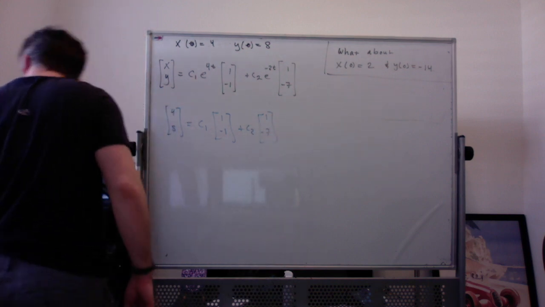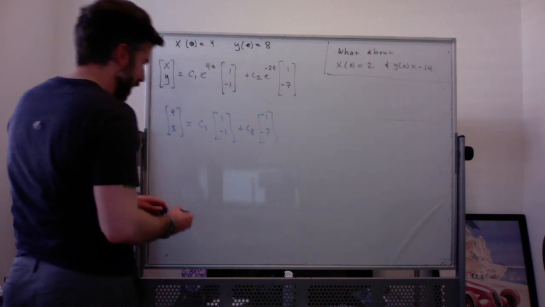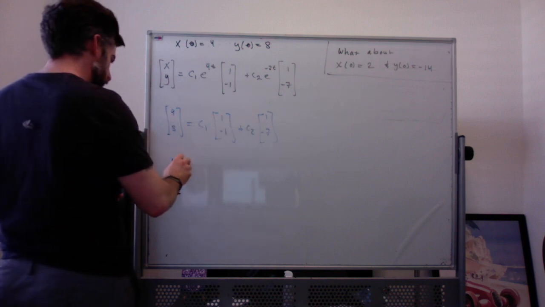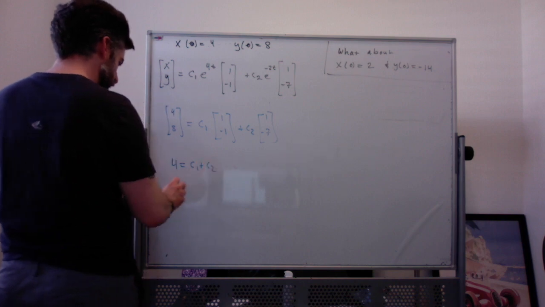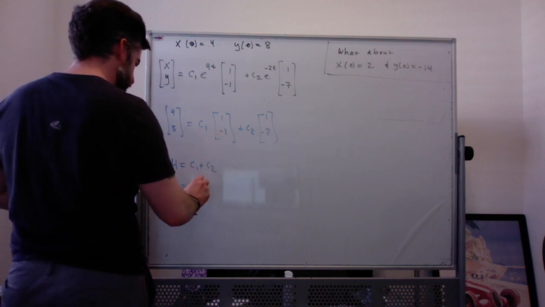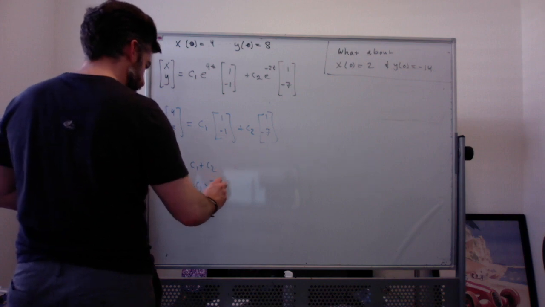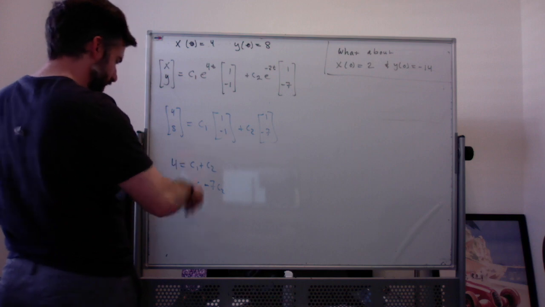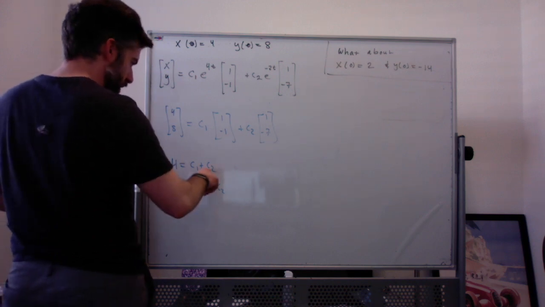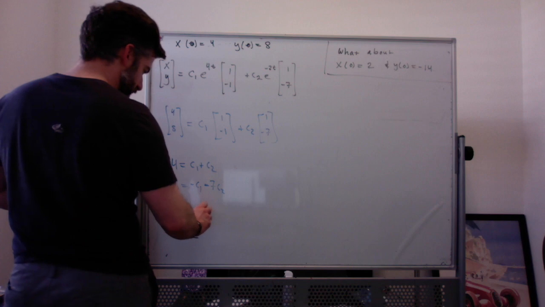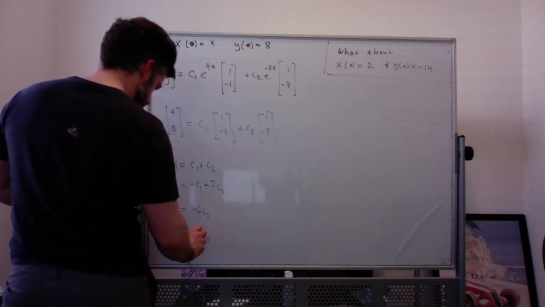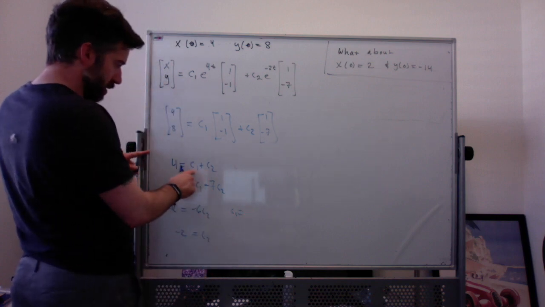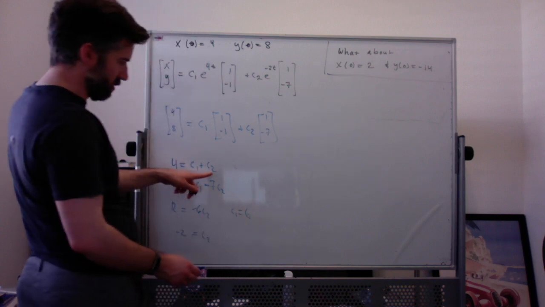So we get 4 equals c1 times 1 plus c2 times 1, so 4 equals c1 plus c2. And 8 equals c1 times negative 1 plus c2 times negative 7. You can solve for c1, or you can just add these together. Adding them together, you get 12 equals c2 minus 7 c2, which is negative 6 c2. So c2 equals negative 2, and c1 has to be 6 if c2 is negative 2.